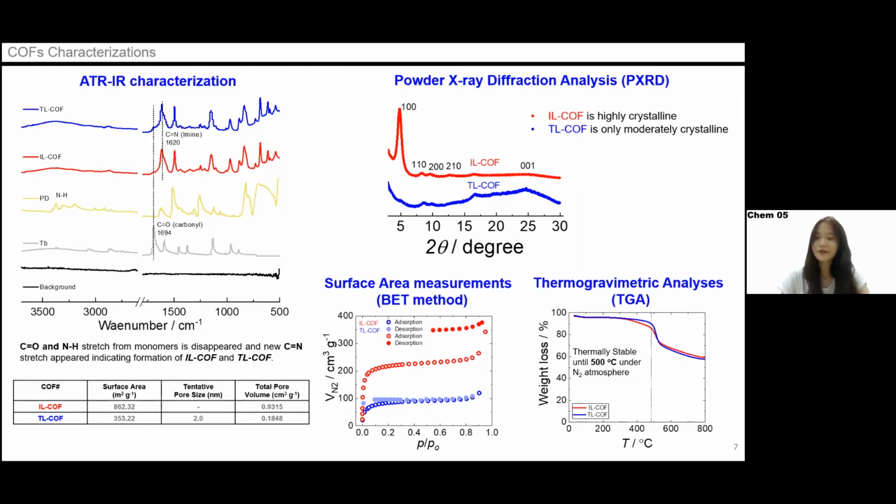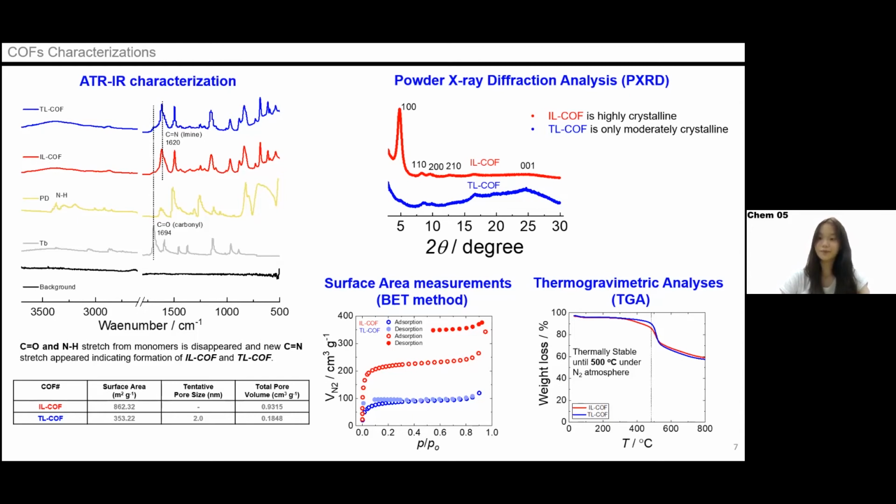IL COF has a surface area of 862.32, while TL COF has a surface area of 353.22. The tentative pore size of the IL COF and the TL COF was 2 nanometers. The total pore volume of IL COF was 0.9315, while the TL COF has 0.1848.